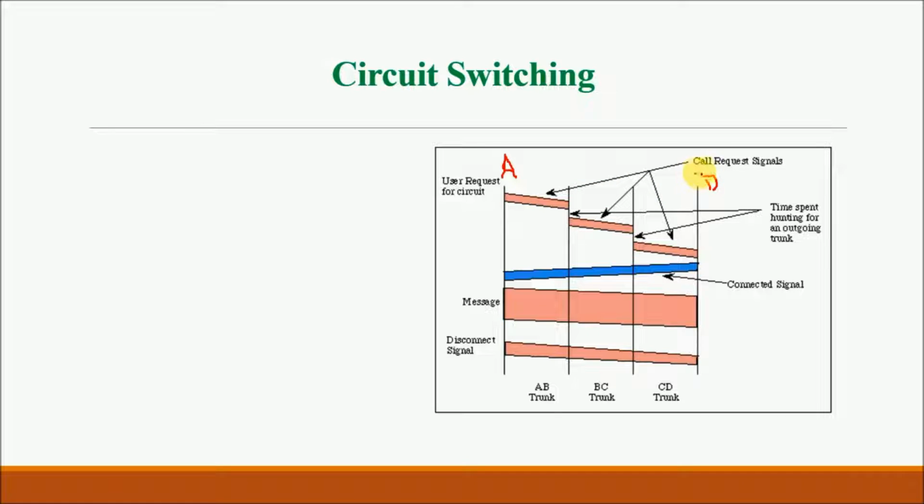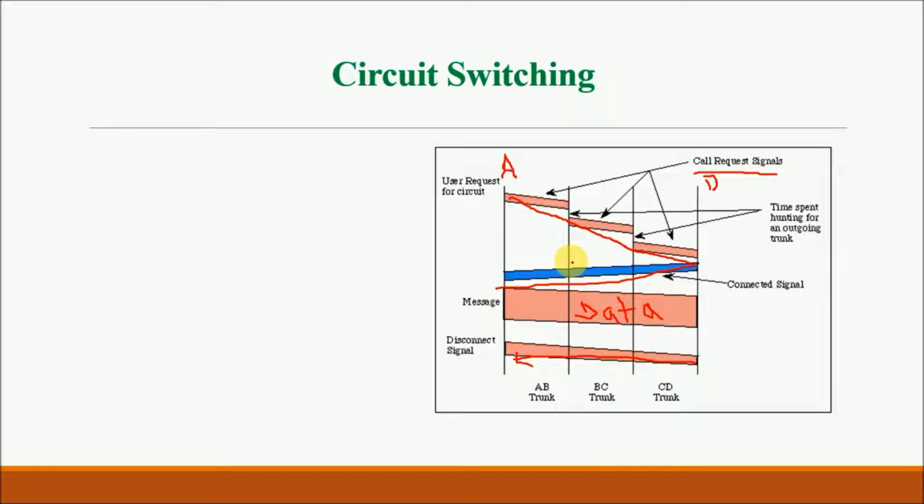That is called the call request signal. So at first we establish a communication between A and D. If we can establish a dedicated line between A and D, then the acknowledgement is sent. That means the communication is established. Then we send the message or data. The data will be sent over this dedicated line from A to D. And after communication, the circuit will be disconnected.